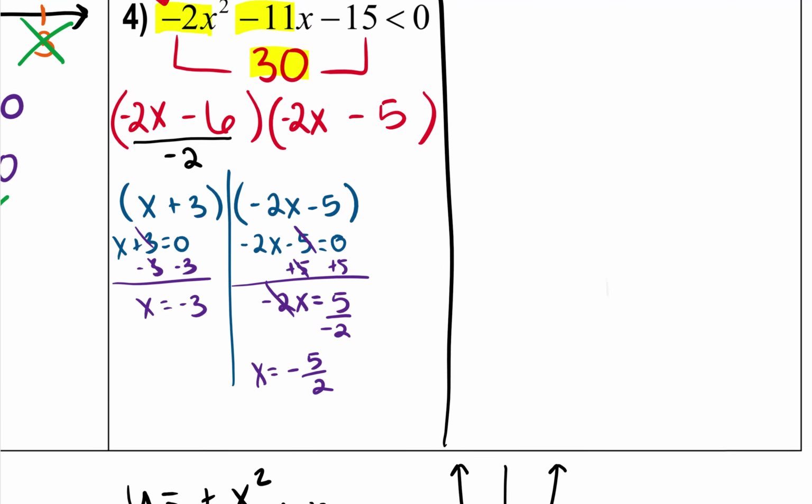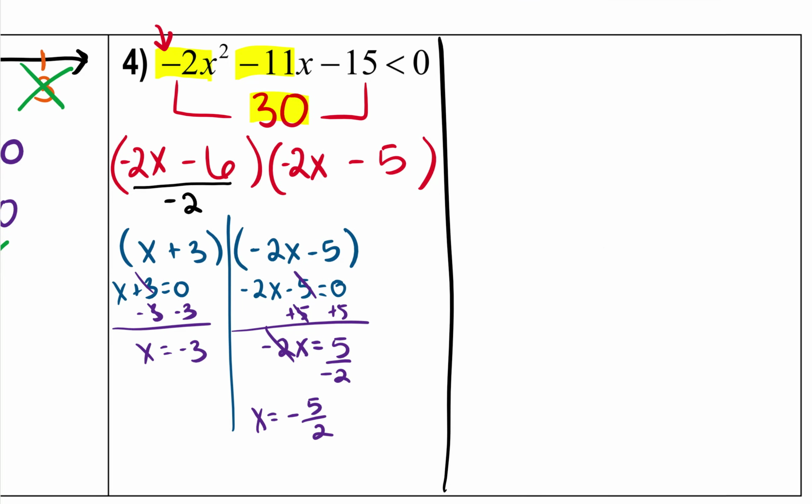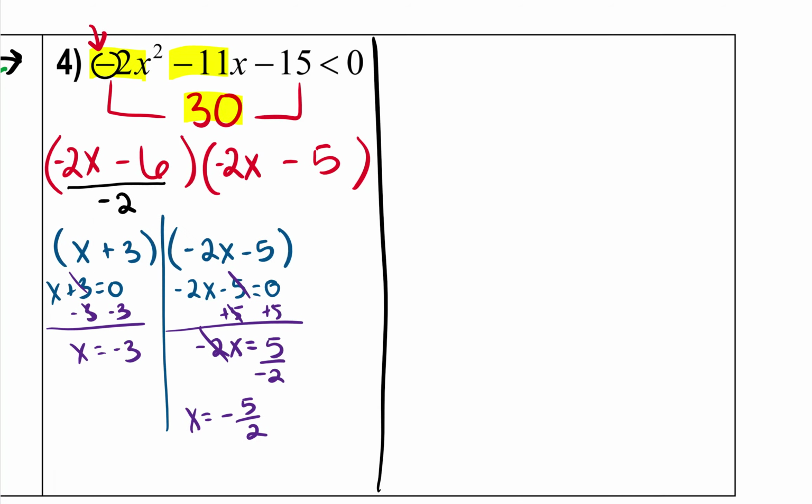So let me look at number 4. Notice number 4, I have a -2x squared. So if I have -2x squared, my graph should look like this. And again, I'm not specific on where it is placement-wise. I don't need that. I already have my critical points. I just need to know, is my middle part above 0 or my left and right above 0?